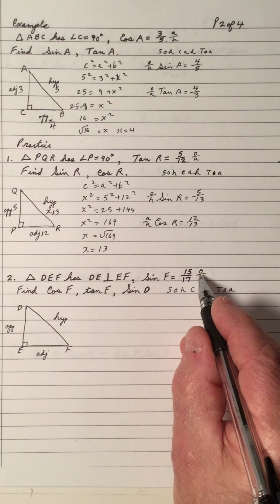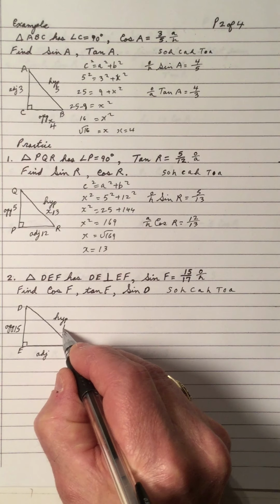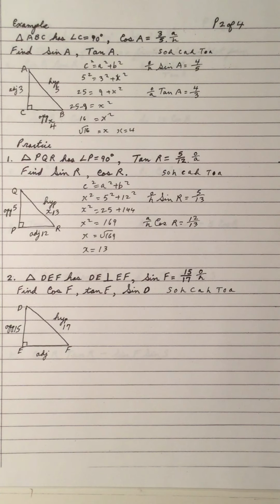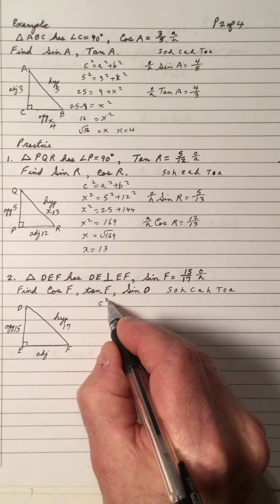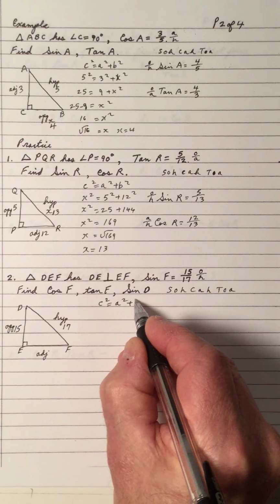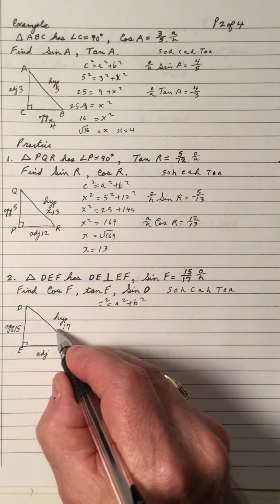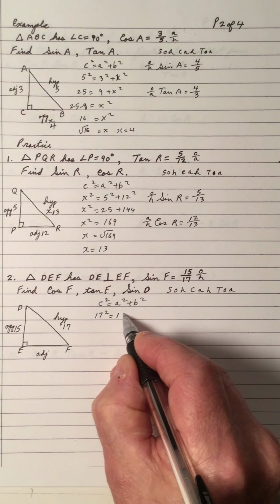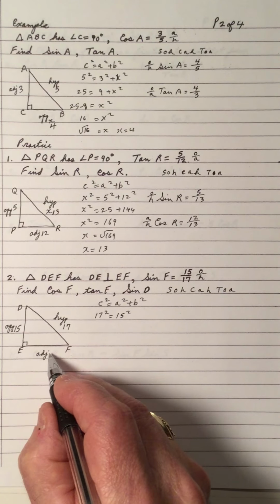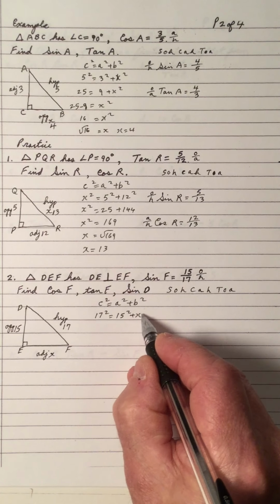Now, so what happens? We have the opposite side is 15. The hypotenuse is 17. And we have to work out the third side. So again, c squared equals a squared plus b squared. And c is the hypotenuse opposite the right angle, so that's 17 squared. A is 15. And the unknown, let's call it x, so b is x.